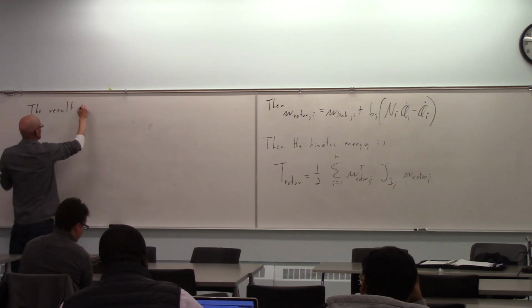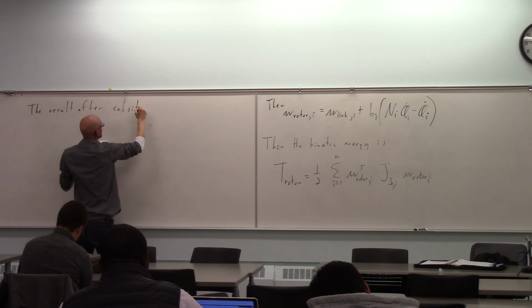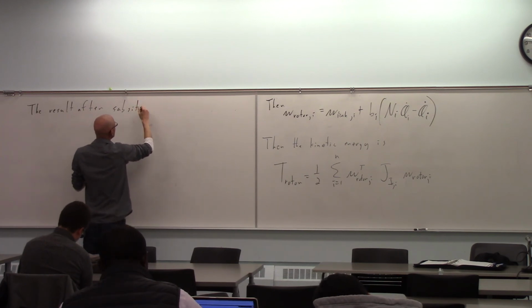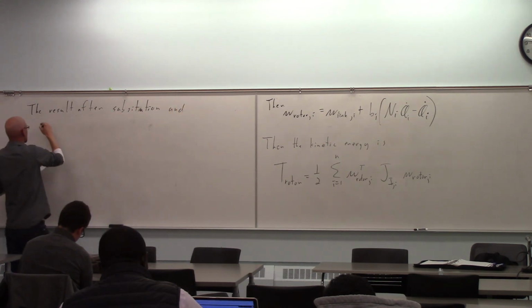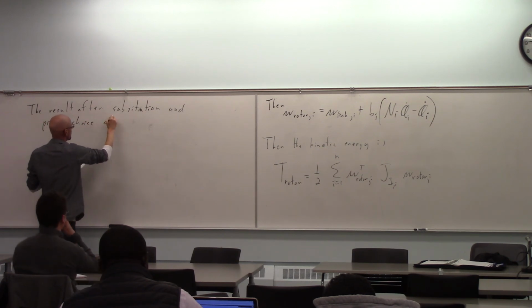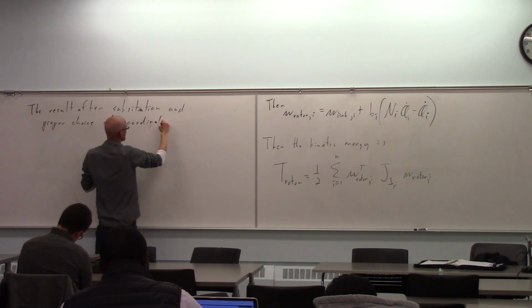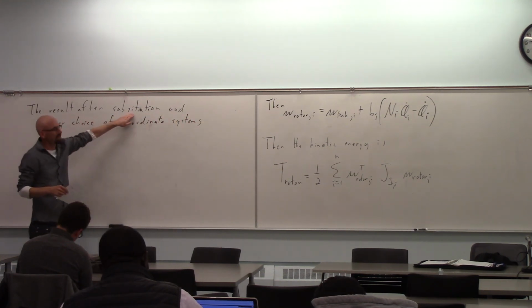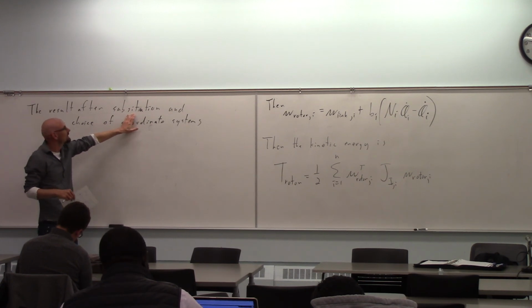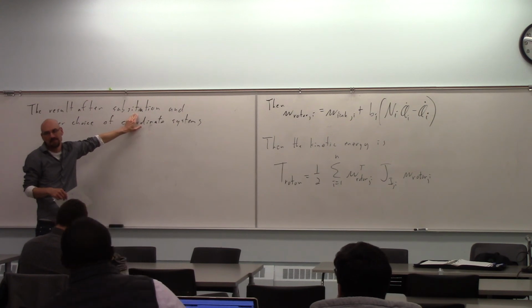So the result after substitution and proper choice of coordinate systems. When I say substitution here, I'm definitely thinking just some lines of MATLAB symbolic math to get it straight out for you.